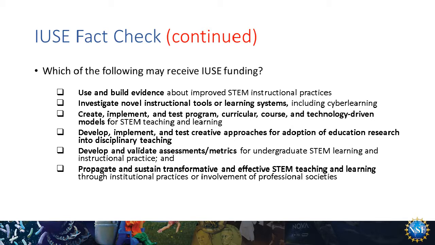Using and building evidence about improved STEM instructional practices, investigating novel instructional tools or learning systems, creating, implementing, and testing program, curricular, course, and technology-driven models, developing, implementing, and testing creative approaches for adoption of education research into disciplinary teaching, developing and validating assessments or metrics for undergraduate STEM learning, propagating and sustaining transformative and effective STEM teaching and learning through institutional practices or involvement of professional societies. And the answer is all of the above. So every one of those is an interesting way and could be a possible avenue of exploration as you think about an IUSE project.